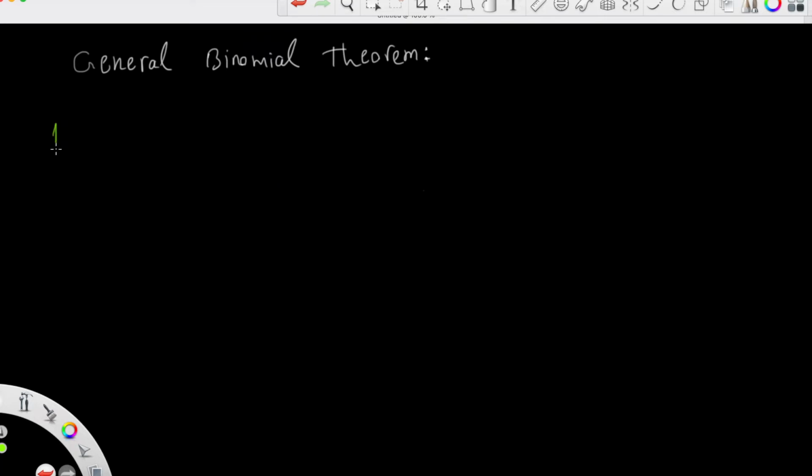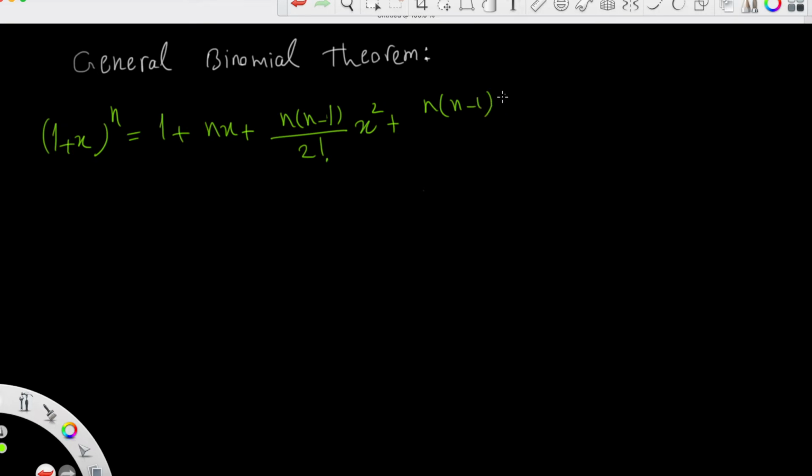Now 1 plus x to the power of n can be written as 1 plus nx plus n times n minus 1 over 2 factorial x squared plus n times n minus 1 times n minus 2 over 3 factorial x cubed, and this pattern continues. There are 2 points that you need to consider.